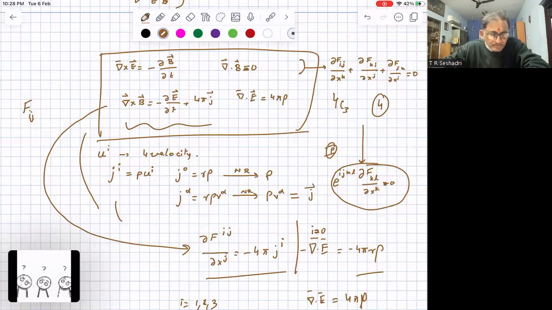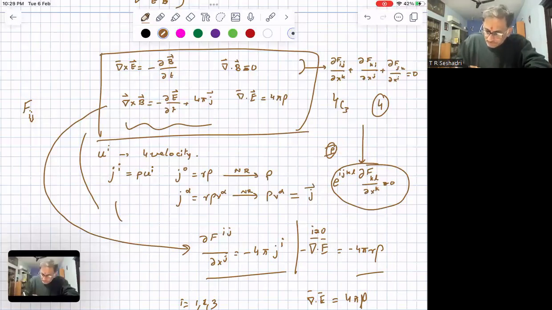What is the question? The dual to the field tensor? Good. This is the one. So this quantity, this and this, you can write as del by del x k of f star ij equal to 0.